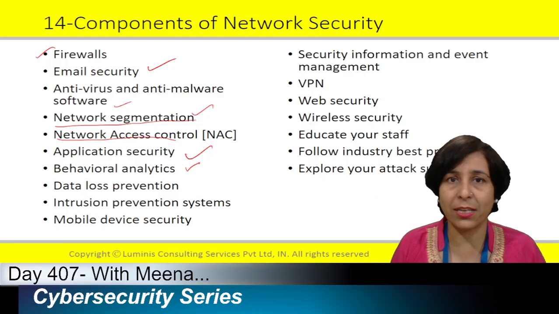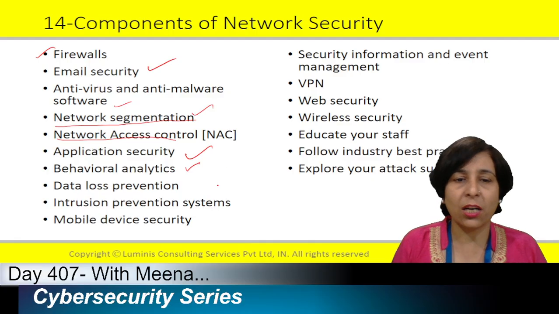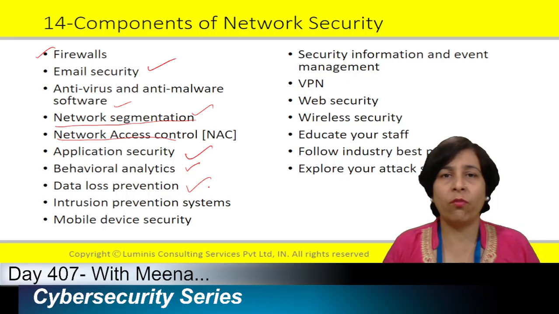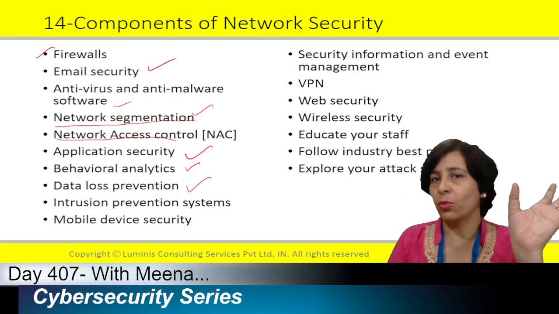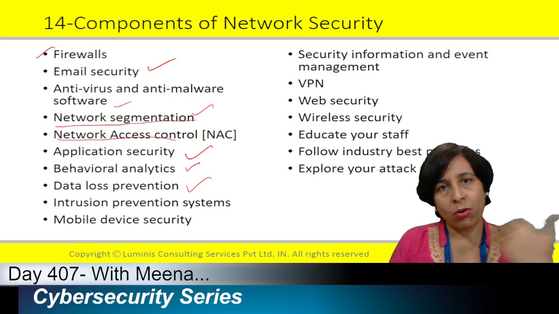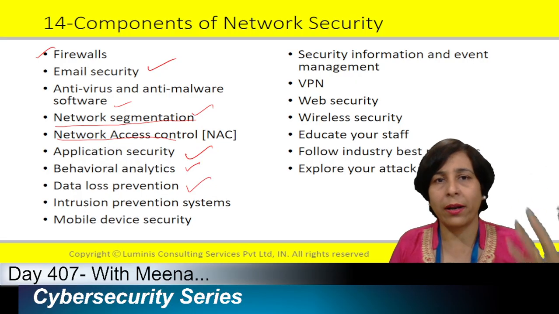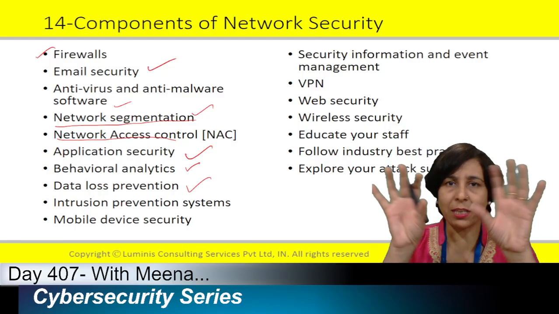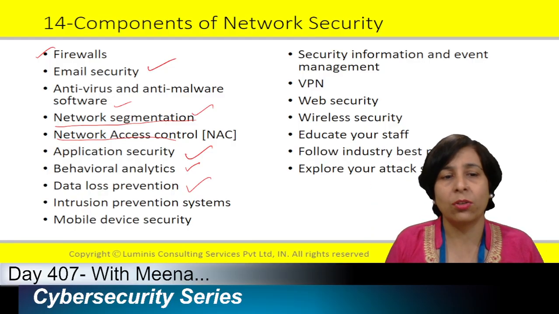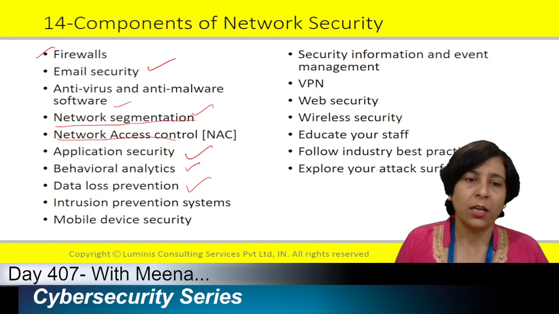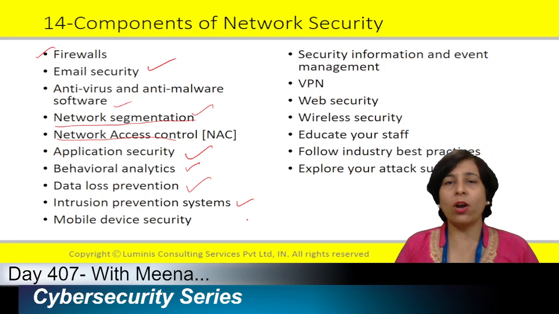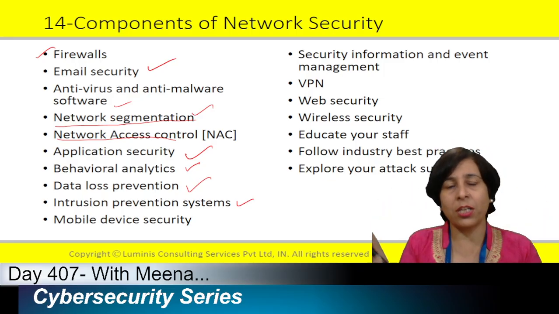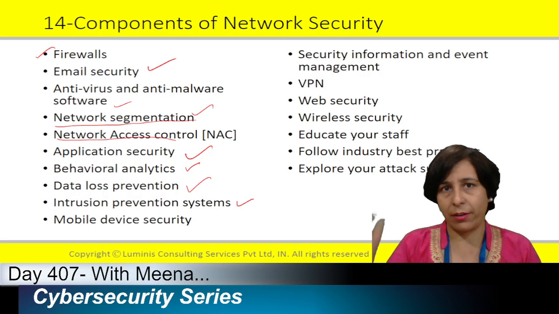So that's required. Data loss prevention: who is accessing our data, where they are copying and pasting, doing something with our data, or on cloud services who is accessing our data, we must get a record of all these things. So data protection we can provide. Intrusion prevention system: a firewall will block everything, and then we allow the traffic.